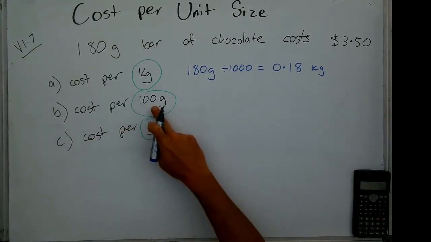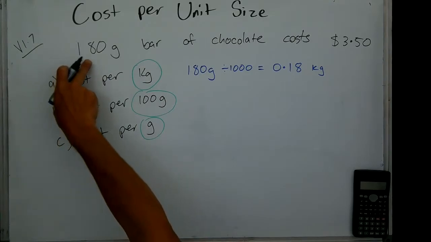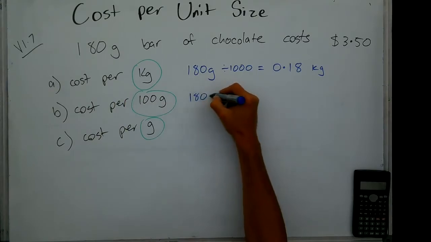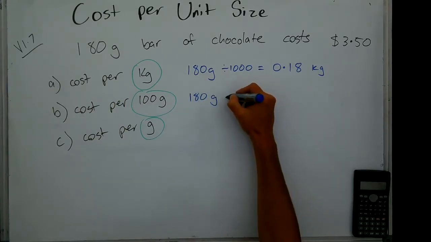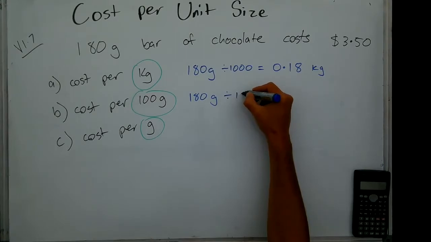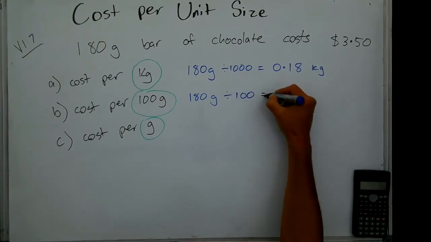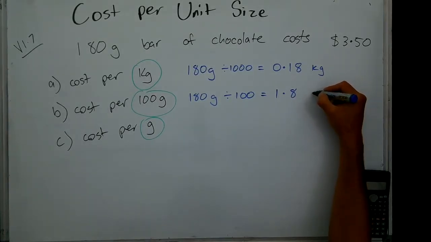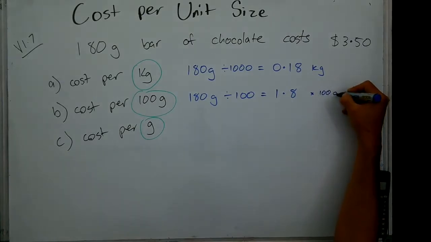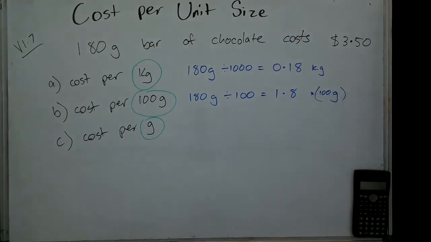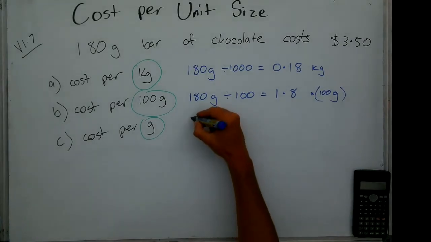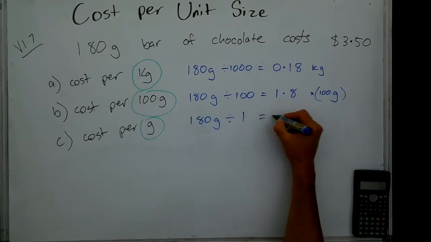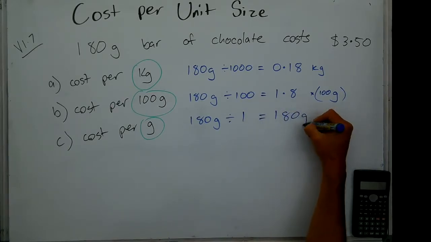As far as cost per 100 grams goes, how many lots of 100 grams do we have here? I'm going to divide that by 100. 1.8 lots of 100 grams. That's sort of my units. And the cost per gram, we've got 180 grams, divide that by 1, so we've still got 180 grams.